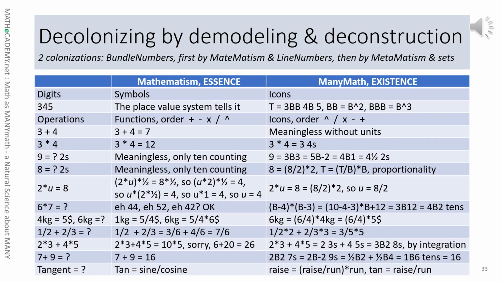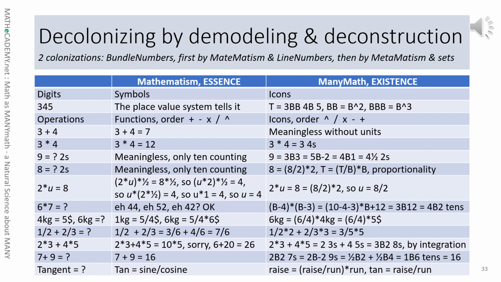Decolonizing, by demodeling and deconstruction. Two colonizations of bundle numbers, first by mathematism and line numbers, then by metamodism and sets. Mathematism, and essence, versus many math, and existence. What is digits? Symbols. No, icons. What is 345?